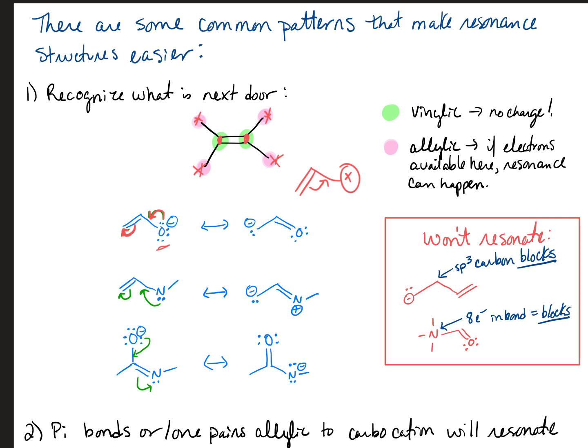Okay. When you have an sp3 carbon in the middle, that carbon will block any type of resonating possibilities, I should say. Because we can't take these electrons and move that down, because remember, there's 2 hydrogens here. He's already got 4 bonds, so he's totally maxed out.